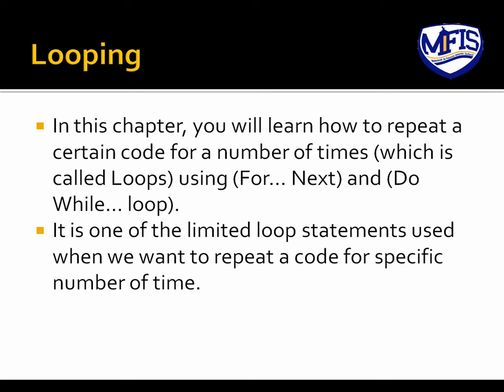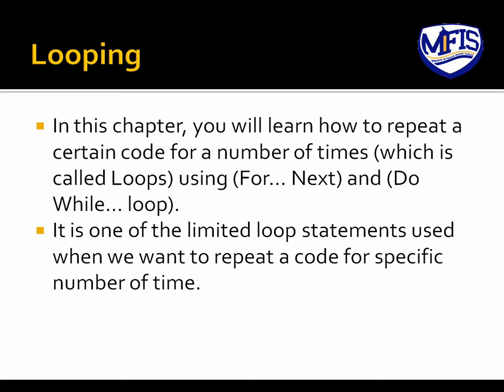The previous chapter, which was talking about branching, we had three statements to express branching: if then else, and select case. But in this chapter, looping, we have two statements to express looping programmatically: for next and do while loop.